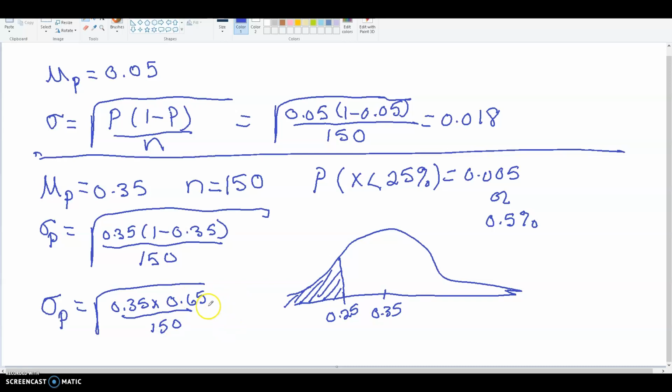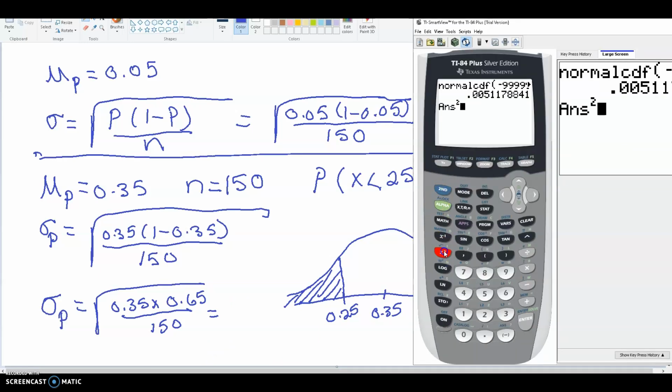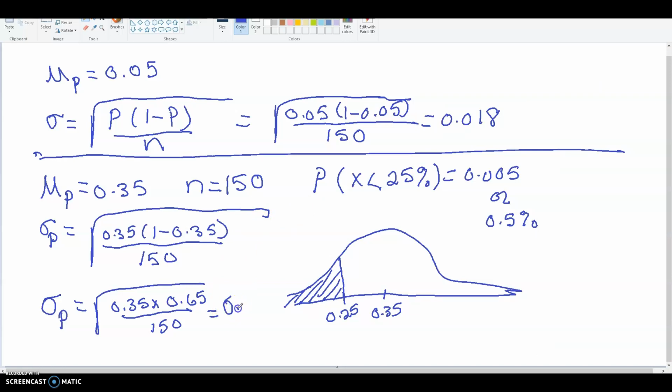Go ahead and figure that out before you type it into the calculator. So if I wanted to, I could just do the square root of, parentheses for the numerator, 0.35 times 0.65, close numerator, divided by 150. And I could just write that down. Let's say 0.0389, I believe it was.